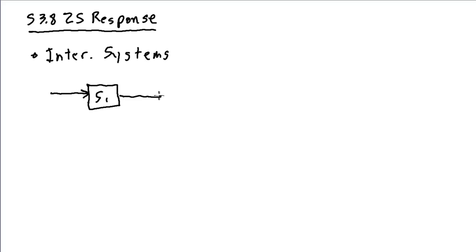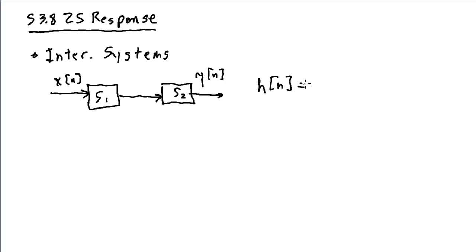If we have two systems connected in cascade, one after the other, with input x of n, and then the output after passing through both systems we'll call y of n, and letting h1 of n be the impulse response of the first system, and h2 of n represent the impulse response of the second system, the overall impulse response is h1 of n convolved with h2 of n.